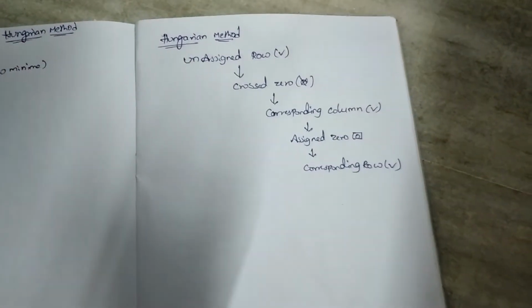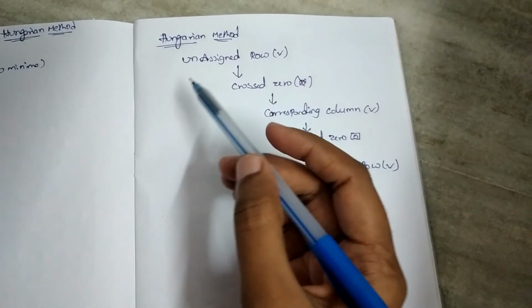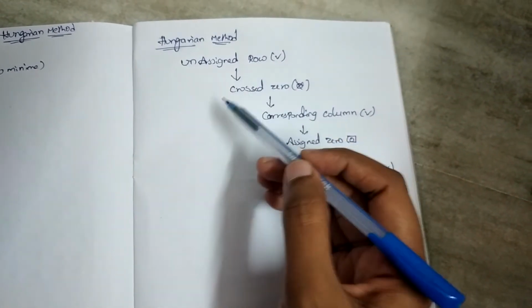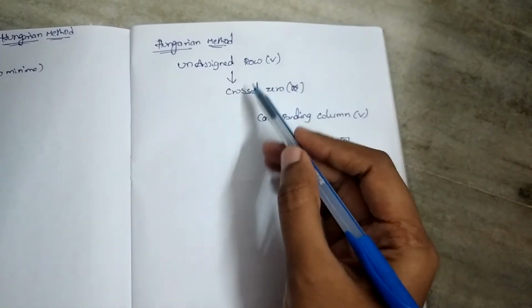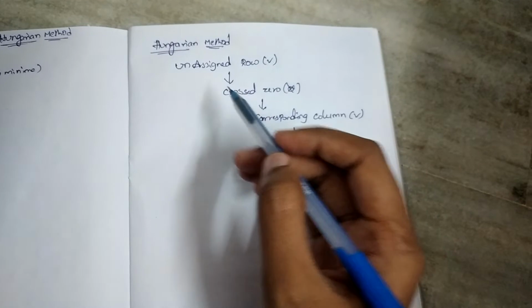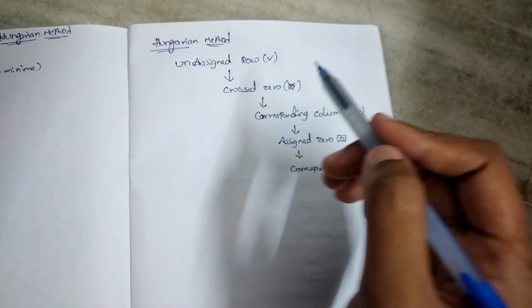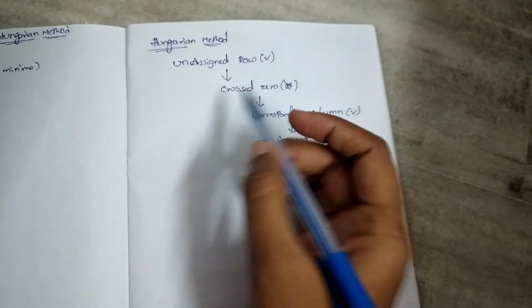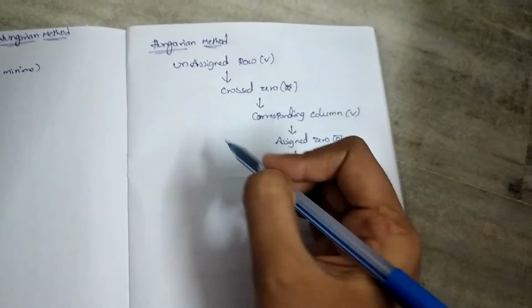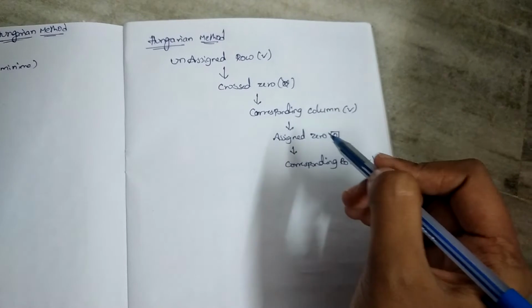So how to do it? We have to first find out the unassigned row, which row is unassigned, and tick that row. Then we find the crossed 0 in that row, and tick the corresponding column. That means the column in which the 0 lies, we tick that column.